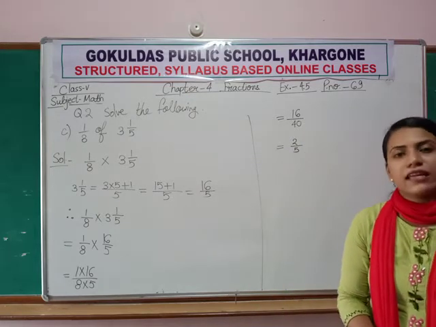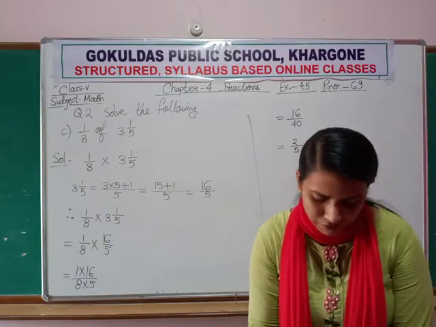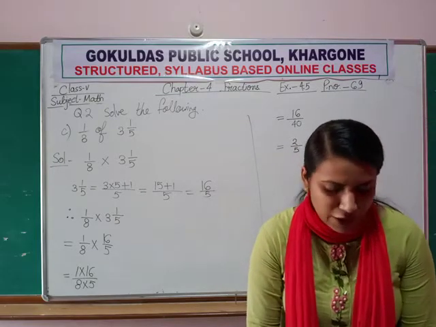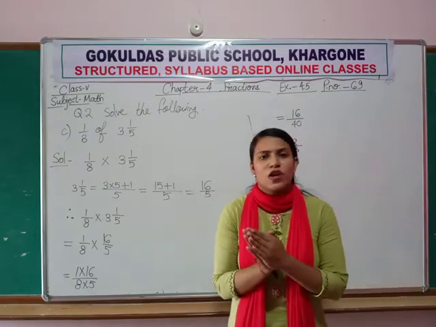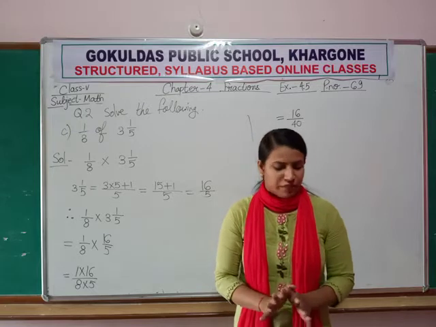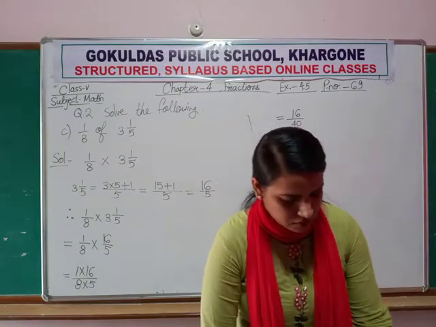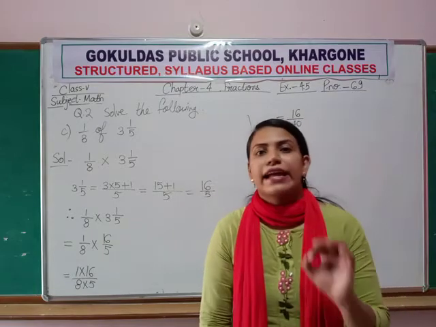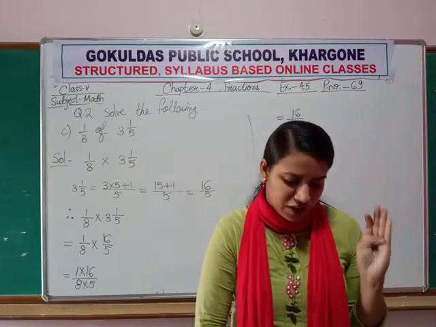Question number D and E are for your homework. Now let us do word problems. There are a total of 10 word problems, okay? So I am not going to solve all word problems for you. A total of 8 word problems are given in your book, from question number 3 to question number 10.